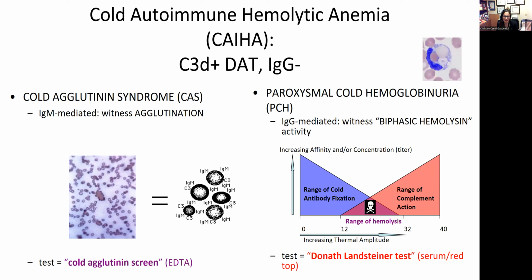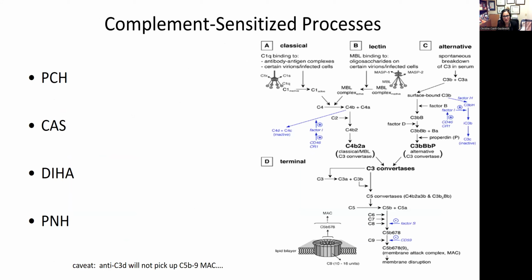PCH can sometimes have as a giveaway on the blood film visible erythrophagocytosis, so you can see nucleated leukocytes phagocytosing red cells. The differential diagnosis for complement sensitization is here.